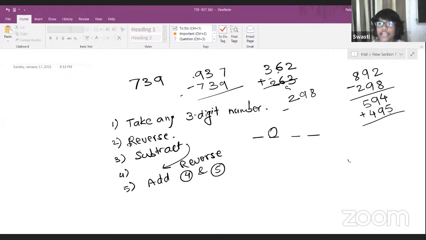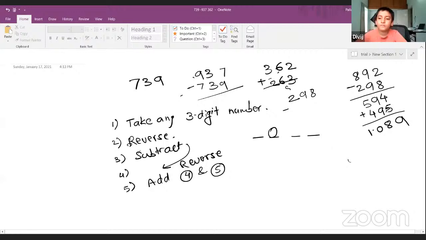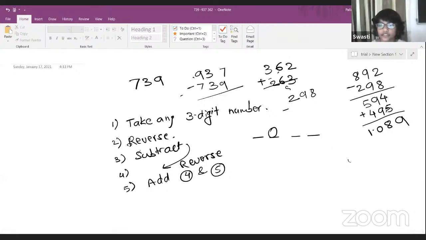And then when we add, we get 1089. Is it the number you got? Everyone got? Yes.